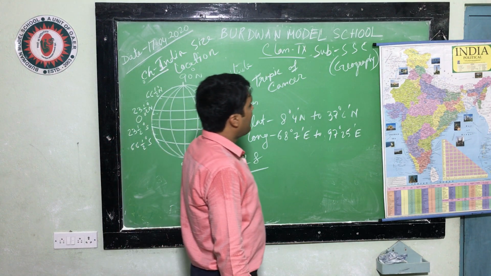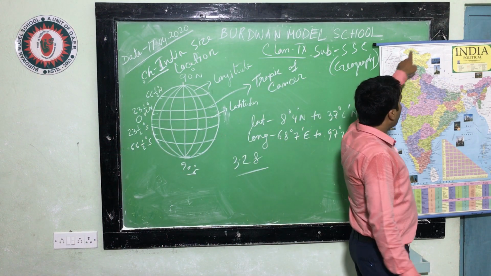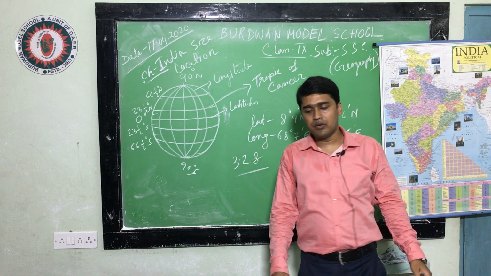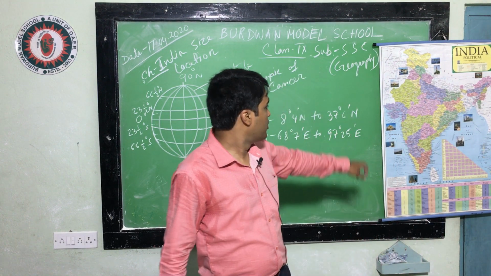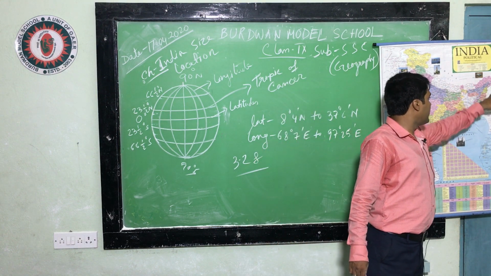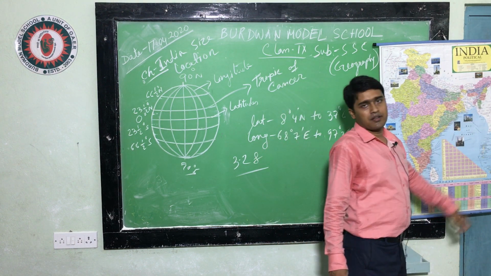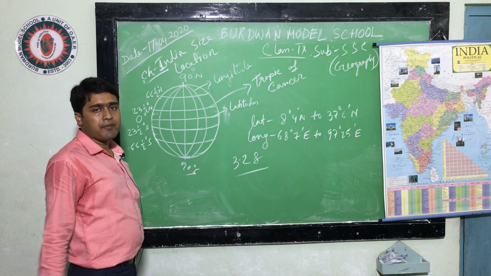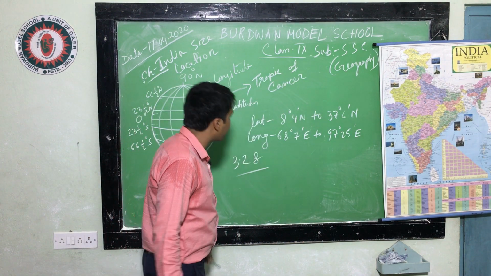Now we will discuss India's mainland boundary and coastal boundary. From Gujarat to the northern boundary, the total length of India's land boundary is 15,200 kilometer.